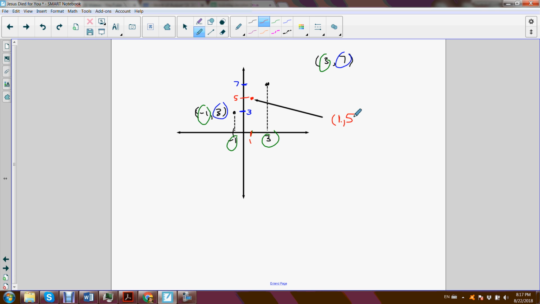So 1, 5 is the coordinates of the midpoint. 1 is the x coordinate, 5 is the y coordinate. Alternatively, you could have calculated the 1 by averaging these two x coordinates, -1 and 3, and the average of 3 and 7, 3 plus 7 is 10, divided by 2 is 5.